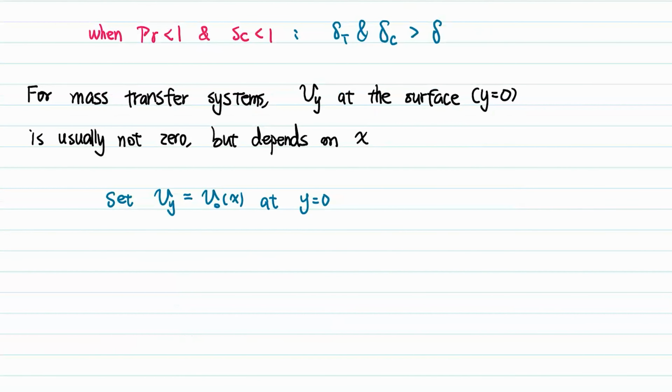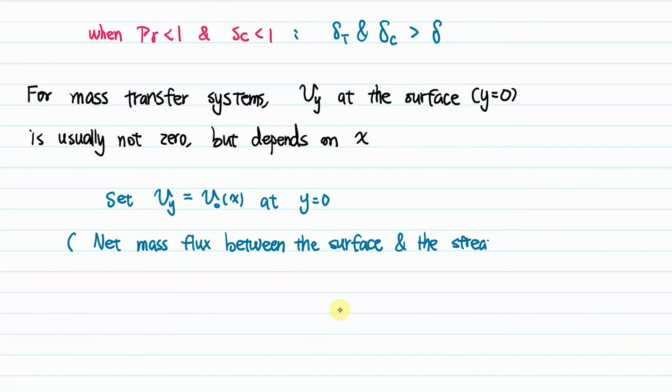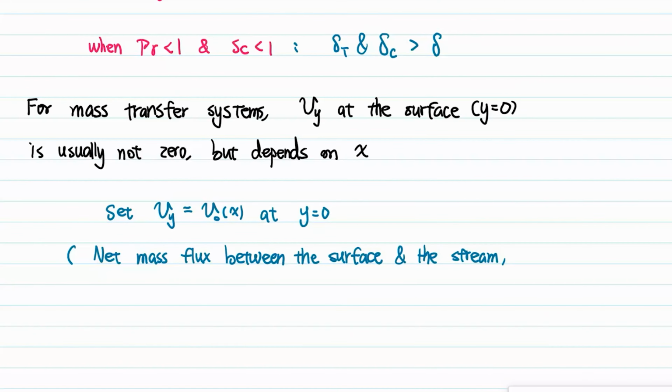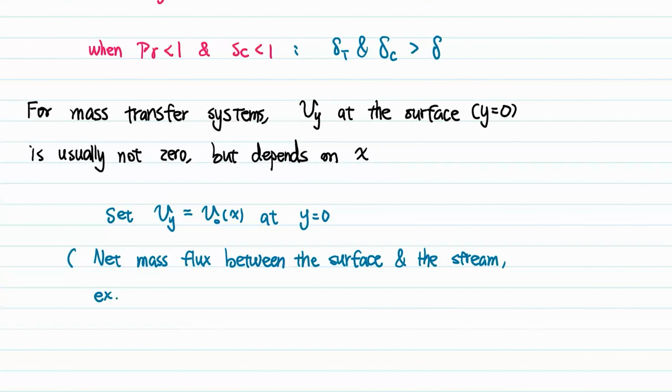And you may have cases where the net mass flux between the surface and the stream. Some examples are melting, drying. That's all having mass flux at the interface, right?